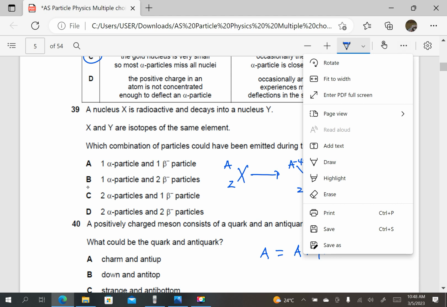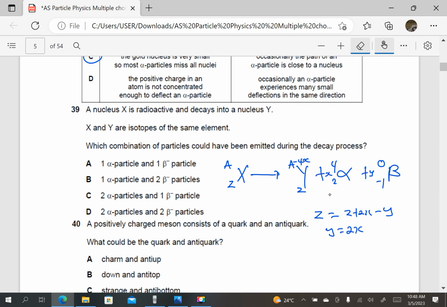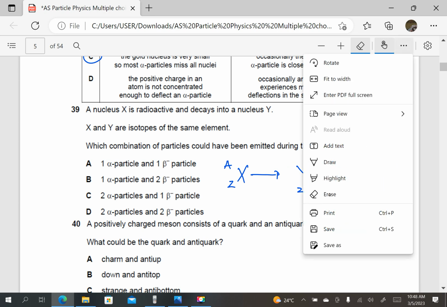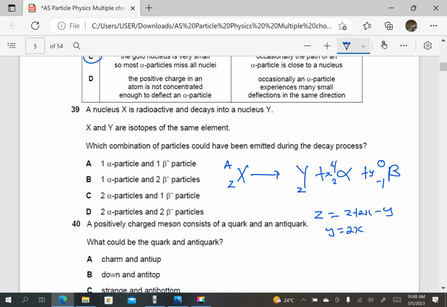Because the proton number is supposed to be Z, let me use a simpler method.